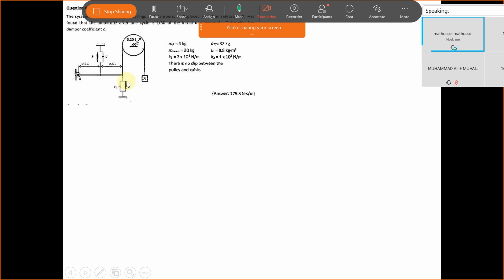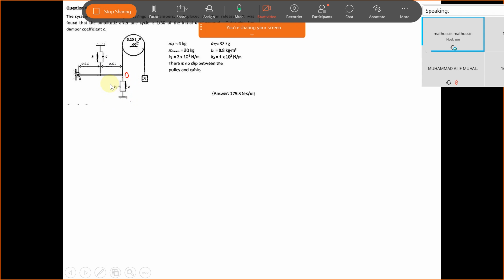Kat mana yang paling mudah yang kita nak transfer? Let's say this is point D. So kalau kita tengok kat sini, paling mudah sebenarnya kita nak transfer dekat point D lah. Kenapa? Because if we transfer all the system to point D, then yang ni biasanya will not change lah. So K2 dan C will be the same values.